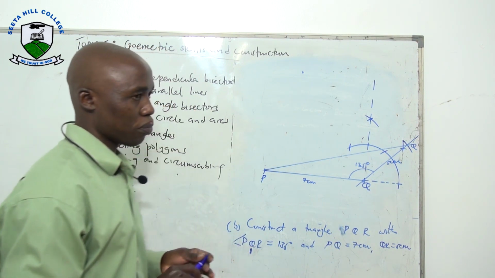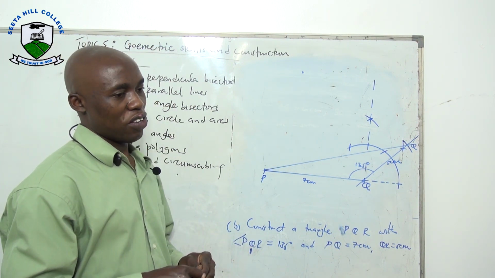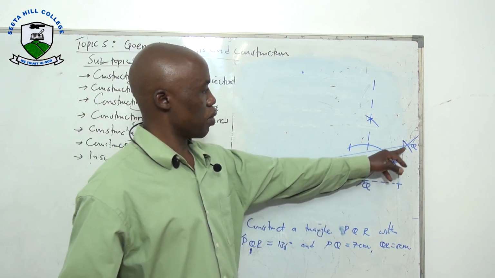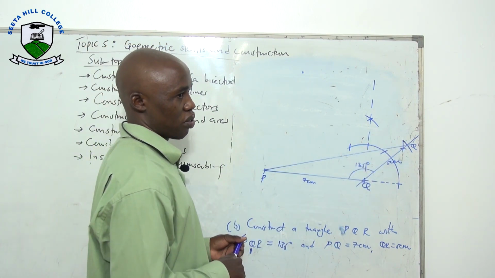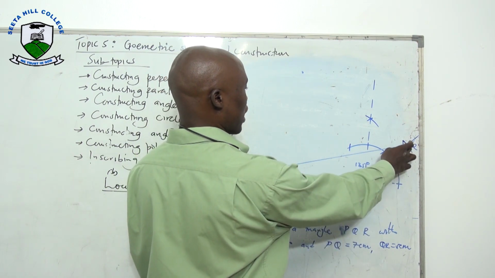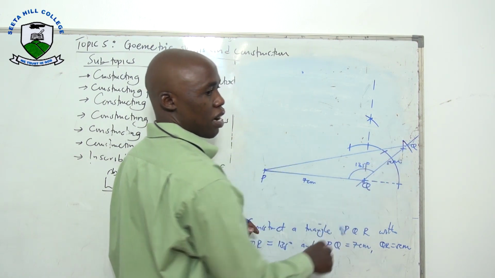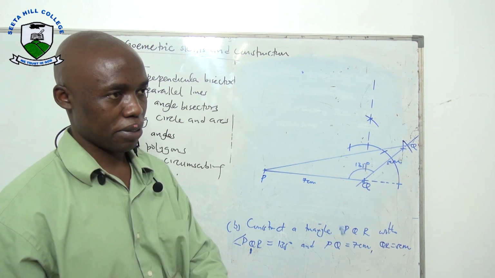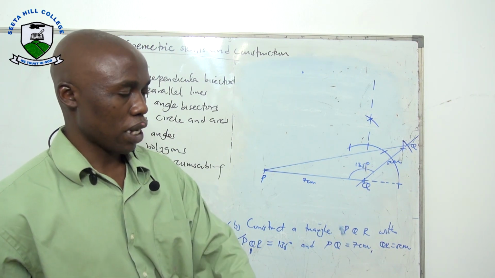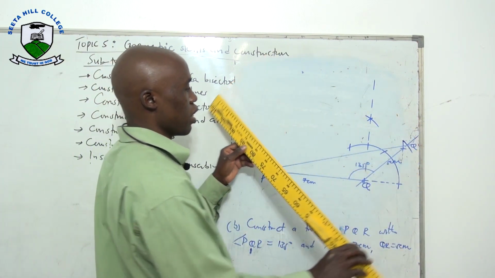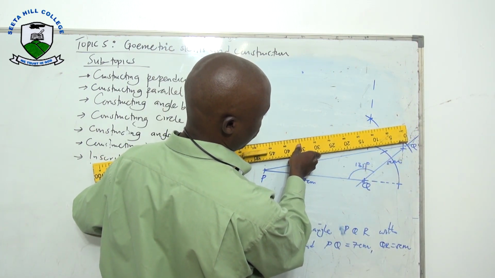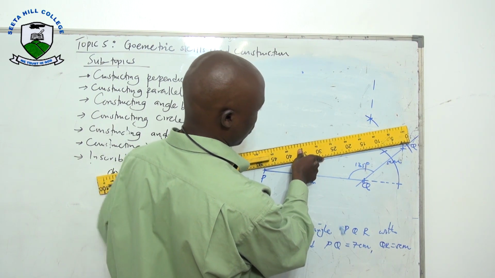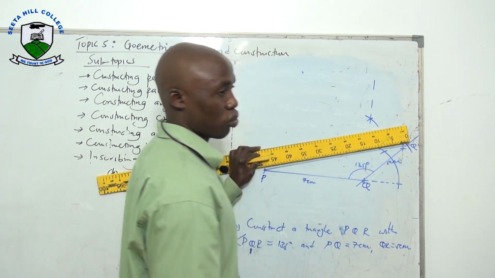Now, if you are required to measure this length, how would you measure it? If I want this length and this angle here, how do we measure the length? Some of you like transferring the ruler up to here. That's not good.